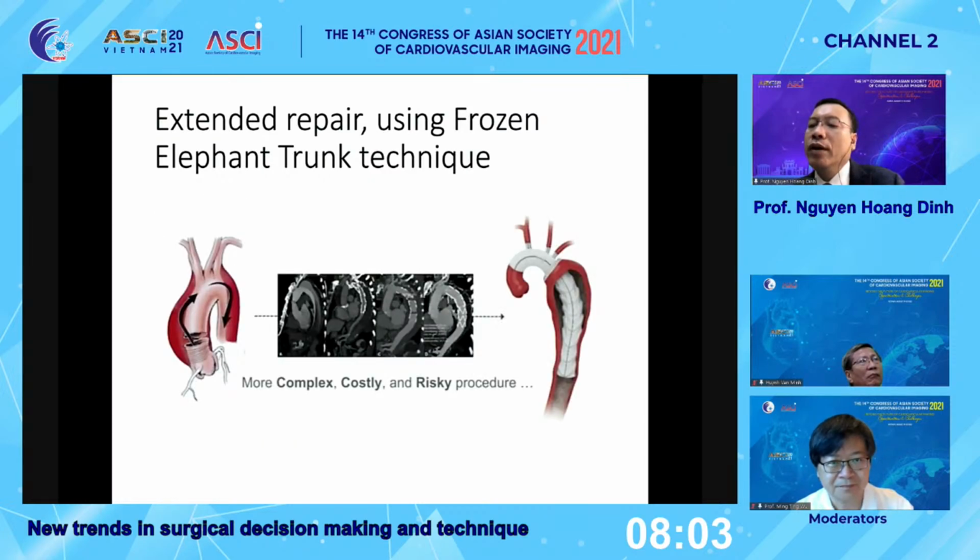We therefore consider the frozen elephant trunk technique a more complex and costly procedure to be applied routinely to all of our acute type A patients.